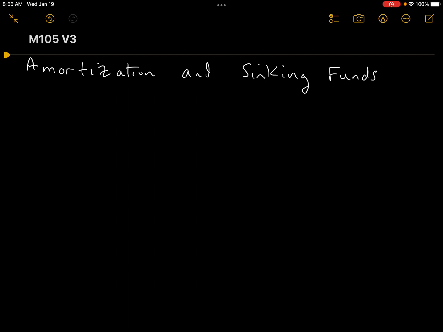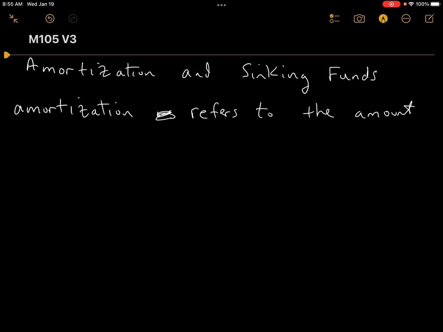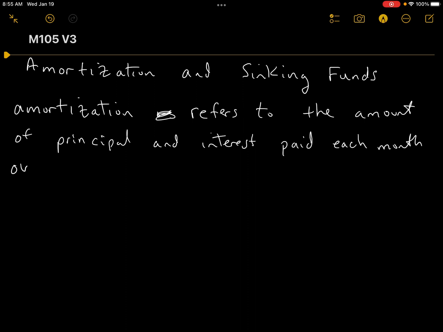So simply put, amortization refers to the amount of principal and interest paid each month over the course of a loan's term.